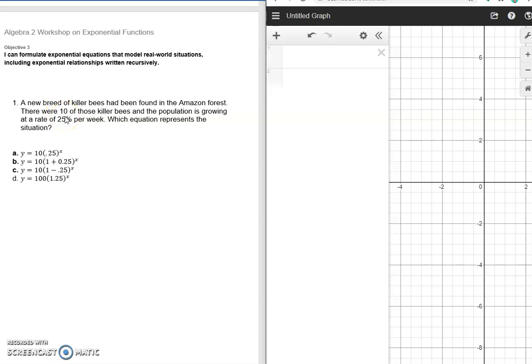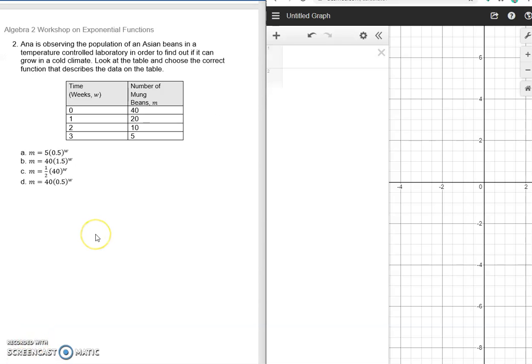That is your y-intercept, which is found in the front of your parentheses. So this is 10 and this is 100. Therefore, this is wrong because the answer has to be B. 10 bees to start with, and then it is growing by the rate of 25%. The answer is B.